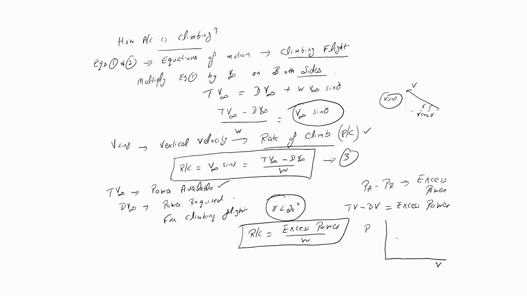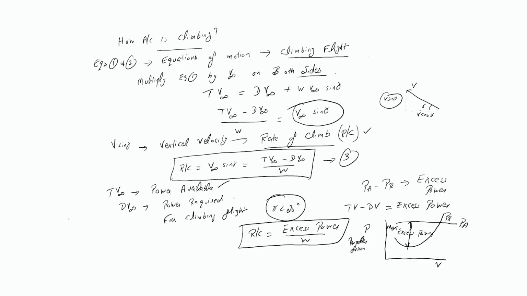This is the power required, and this is the power available. This is for propeller driven, and at this velocity we have maximum excess power.